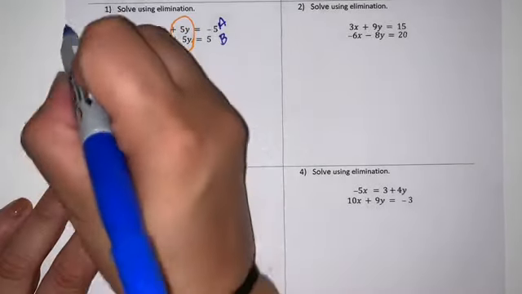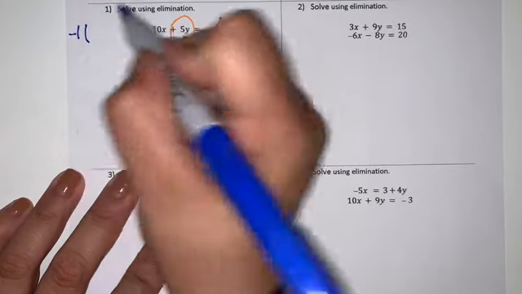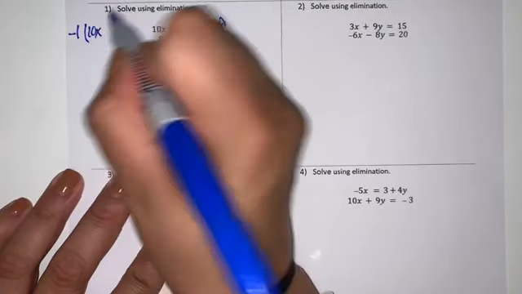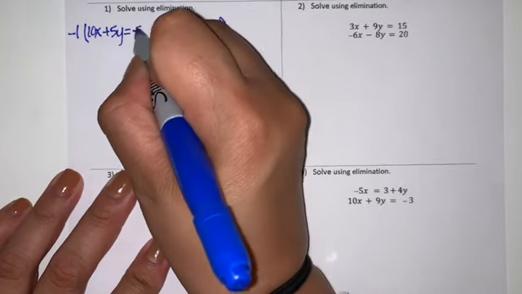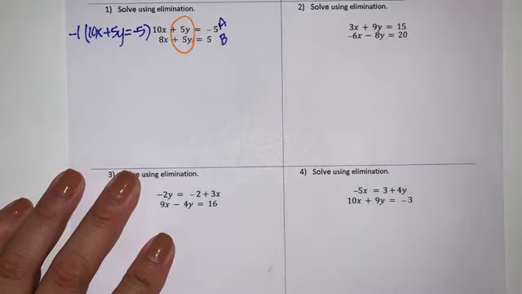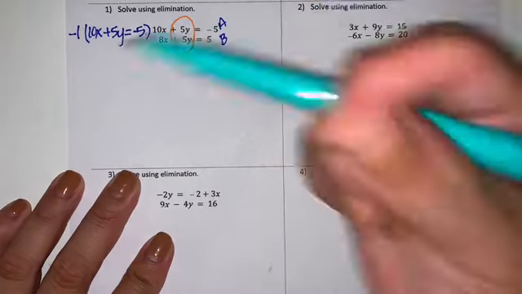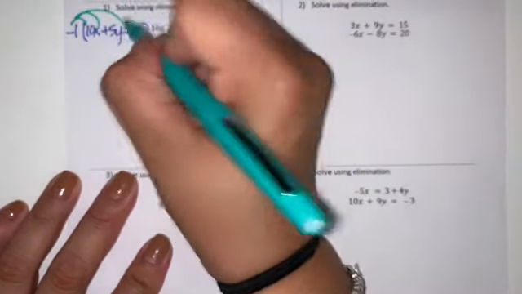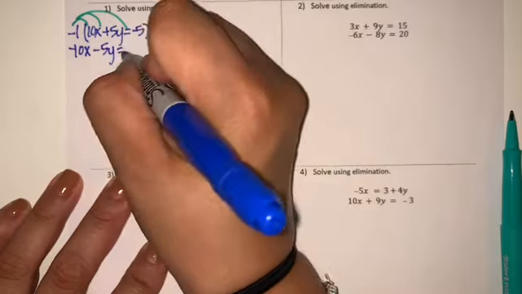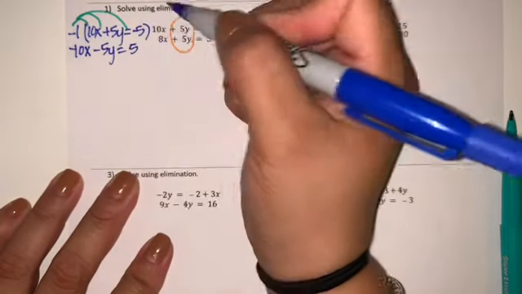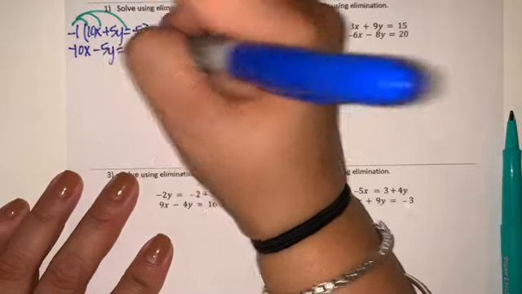I'm going to have negative 1 times 10x plus 5y equals negative 5. And I'm going to distribute that negative 1 into my parentheses, into every term. So negative 10x minus 5y equals 5. This is my new equation C.